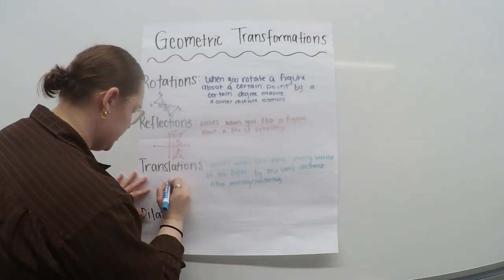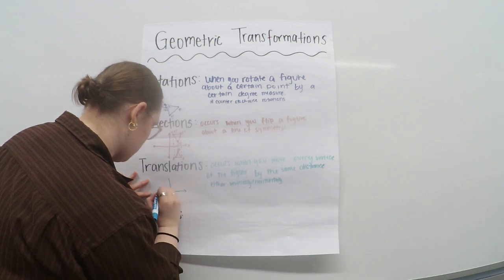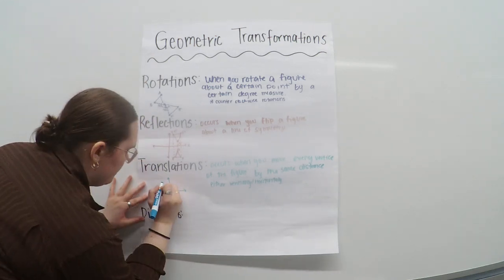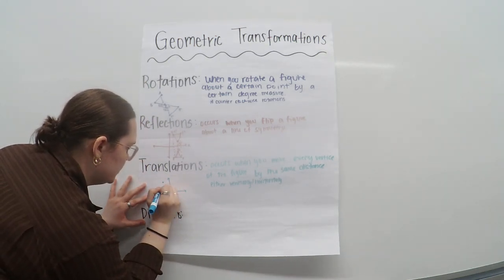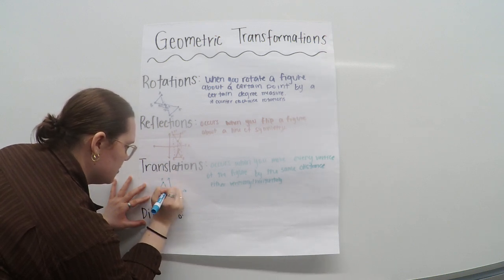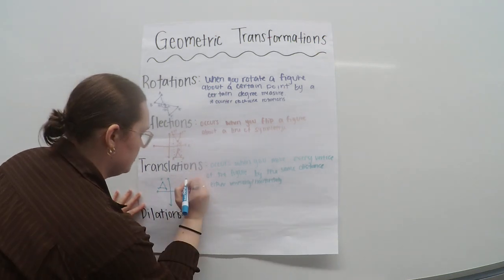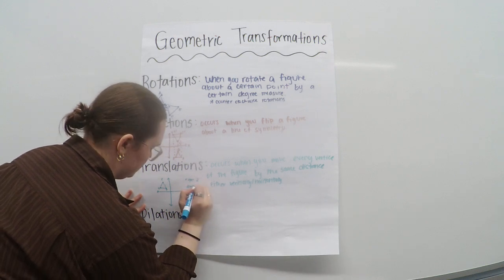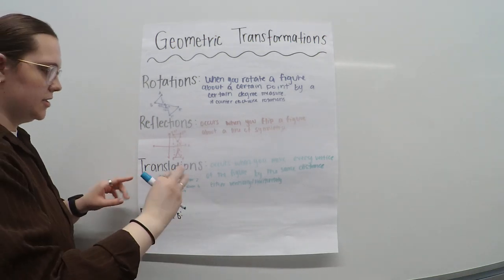So let's draw our coordinate plane again. This time I have, let's do triangle RST. If I translate to the right 2, down 3, then I'm moving all of those points in that direction.